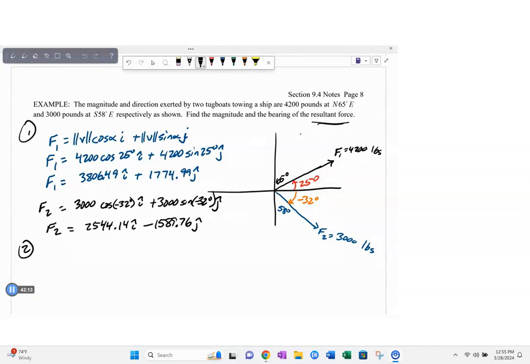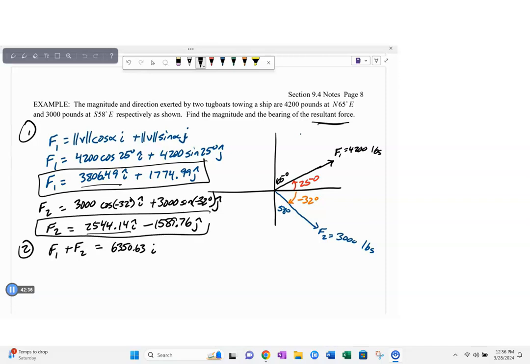All right, so step 1, step 2. I'll take the 3806.49 plus 2544.14. I get 6350.63 i. Again, I'm adding the force 1 and force 2 vectors together. Then the j components give 185.23. Okay, so there's the resultant vector.